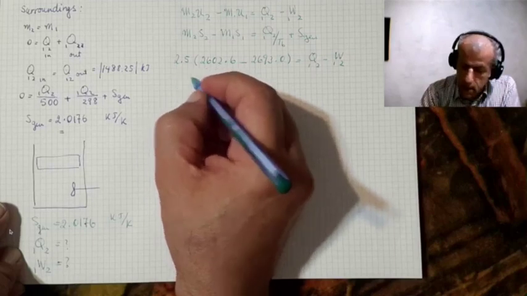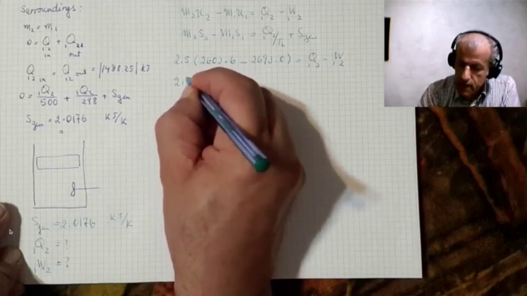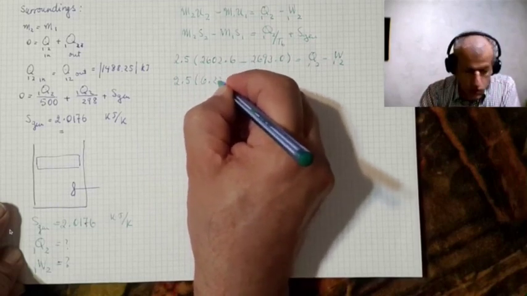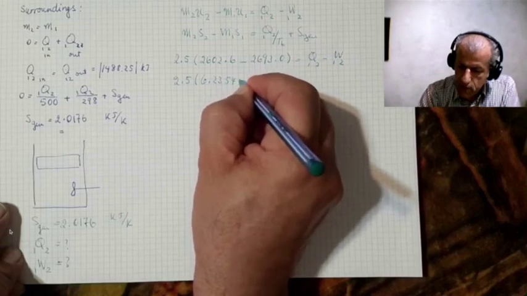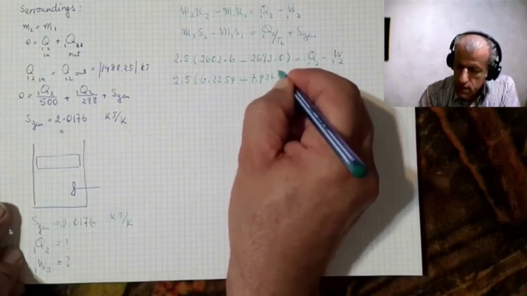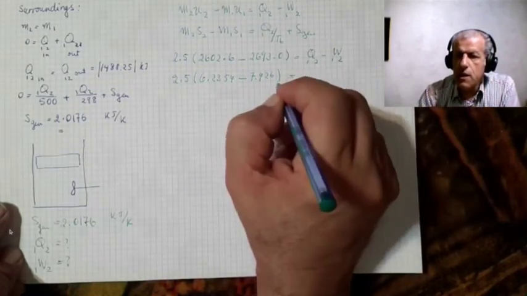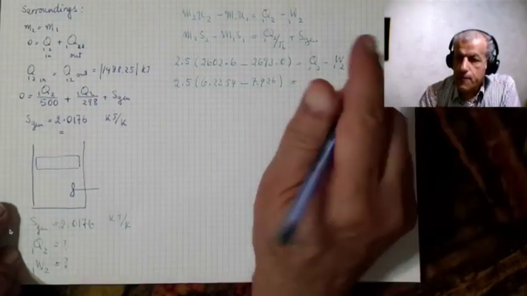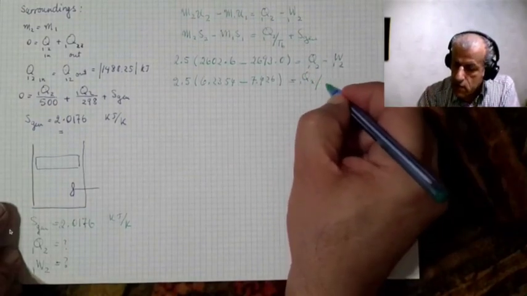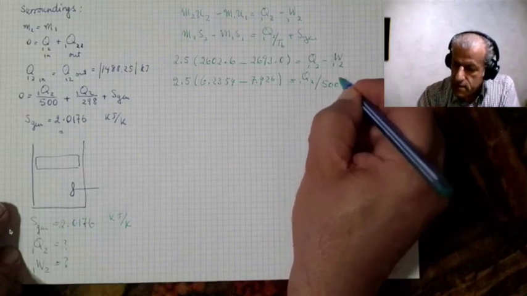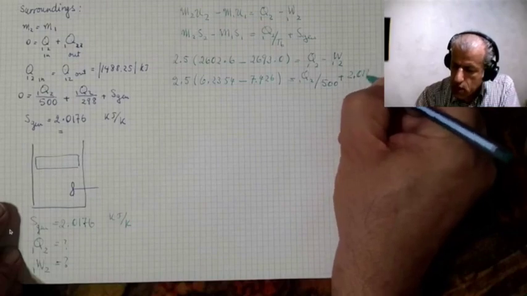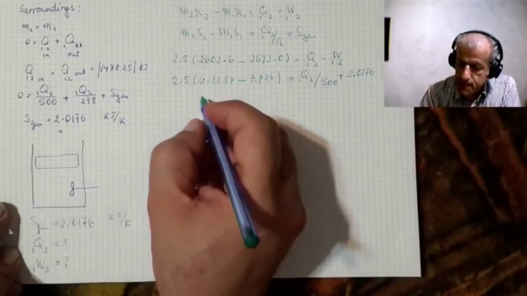And the second law would be 2.5 times 6.2354 minus 7.426, and that would equal Q12, which has a new value, divided by 500, plus S gen, which is 2.0176.